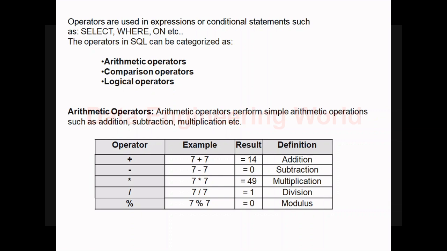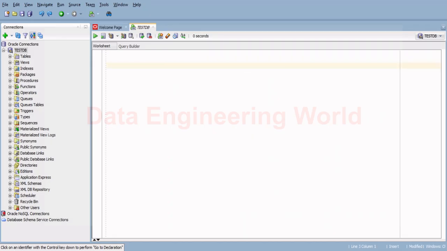Let's look at these arithmetic operators with examples. Let's add two numbers, 8 plus 6, using the addition operator.